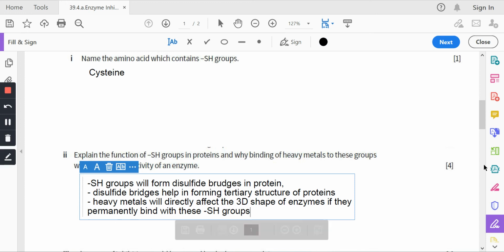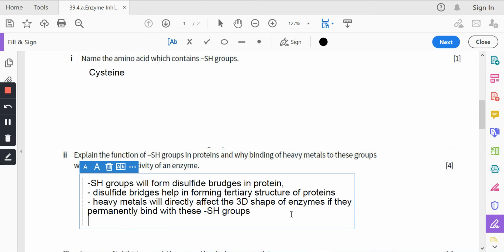My question is 4 marks, so I need to have very specific 4 points. Now I told that heavy metals will change the 3D shape. I can also say this will change the shape of the enzyme's active site.